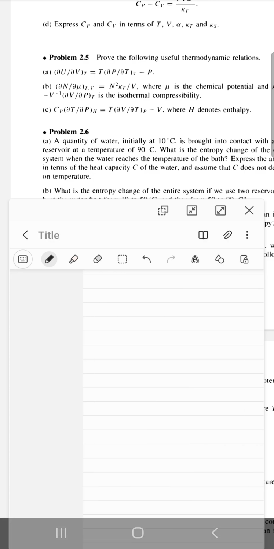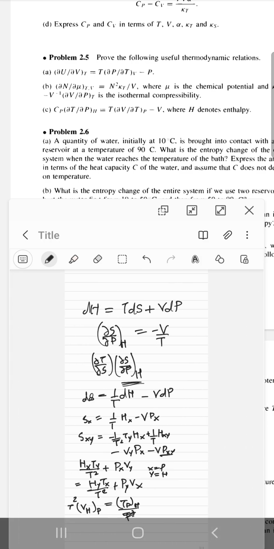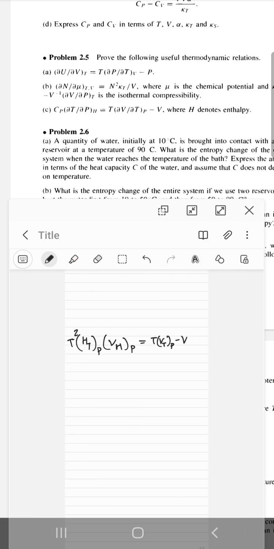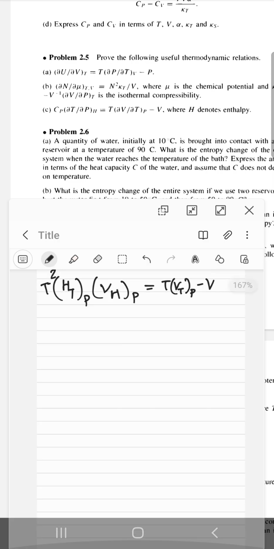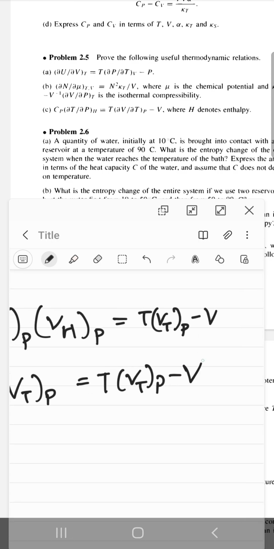Yes, is T square H. So that T square should be there. V sub H at constant pressure, sure. But then C sub P is just H sub T at constant pressure as well. And so this thing is just partial H upon partial T, and that's partial V upon partial H. So we're just doing V sub T at constant pressure. That times T square is equal to T V sub T at constant pressure minus V.